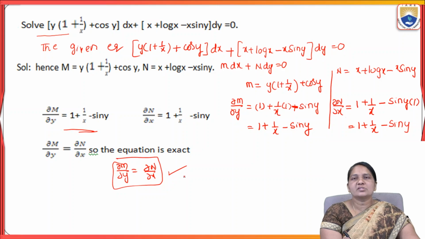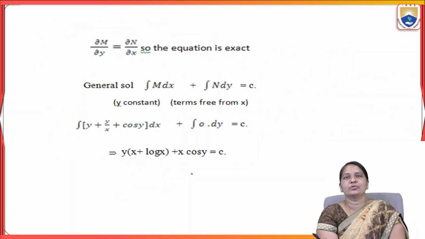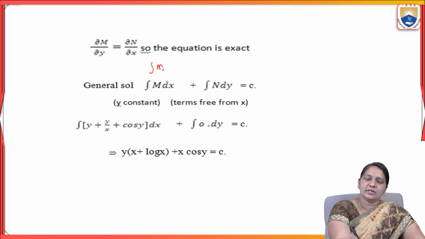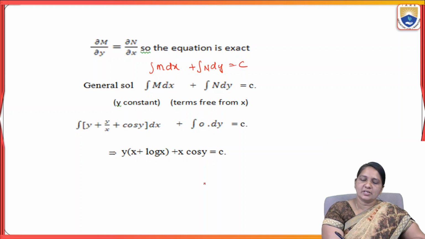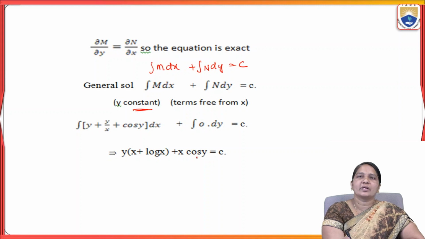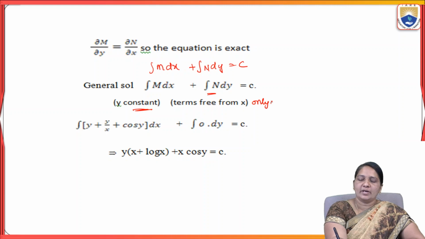So after knowing this, what are we going to do? We are going to find the general solution. What is the general solution? Integral M dx plus integral N dy equal to c. Here we take the M value and treat y as constant, and for the N value we take only the y terms.